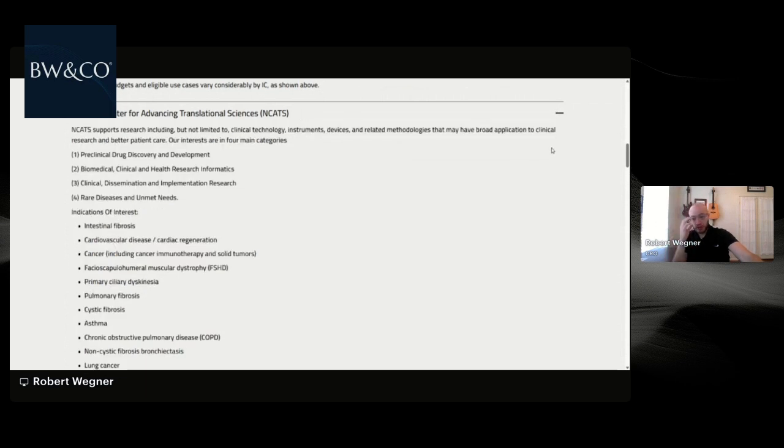This is a very interesting one. There are a lot of companies that are innovating in artificial intelligence and how that's used in the preclinical drug discovery and drug development process. This is the place for a lot of those applications.